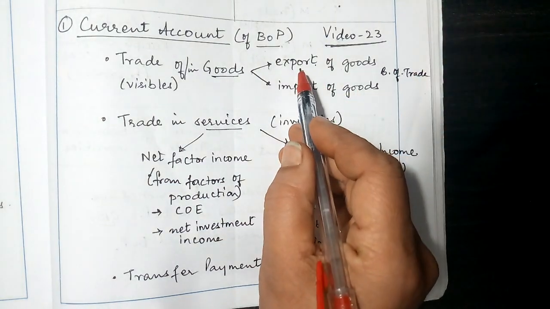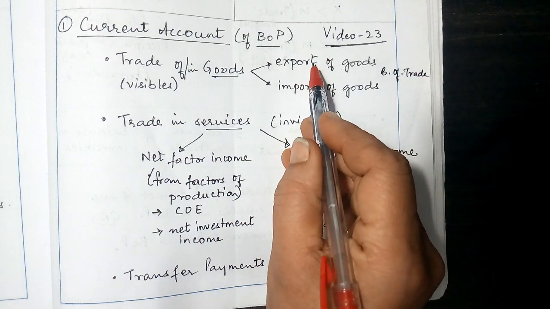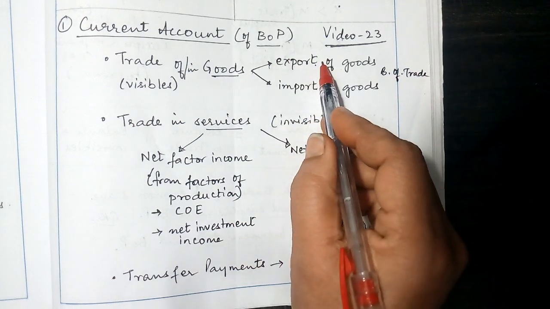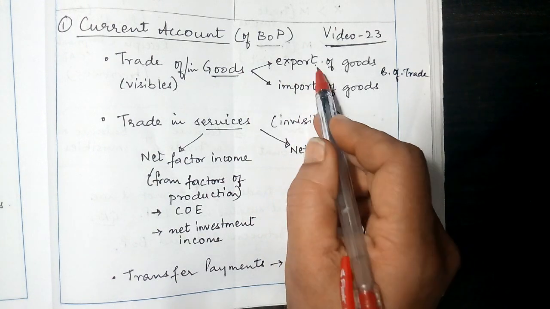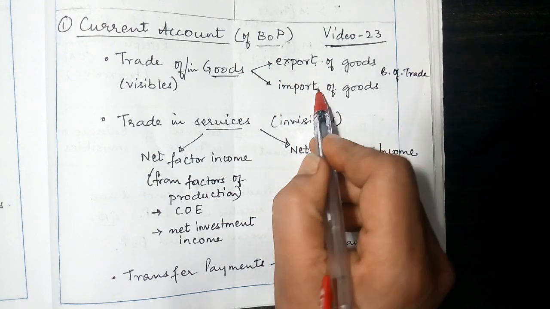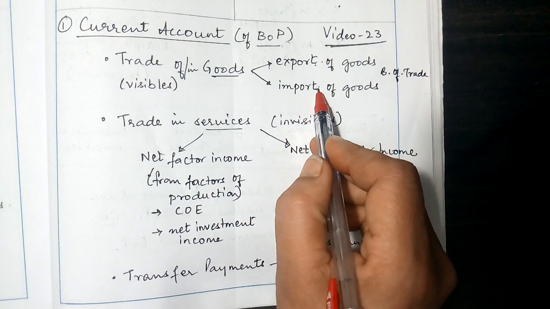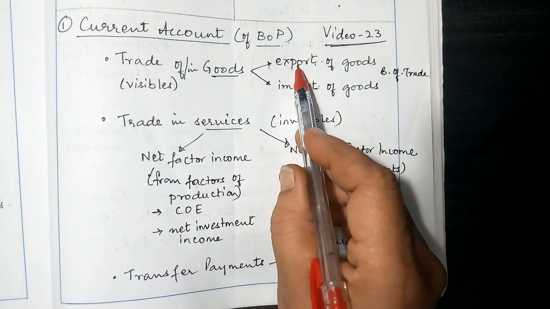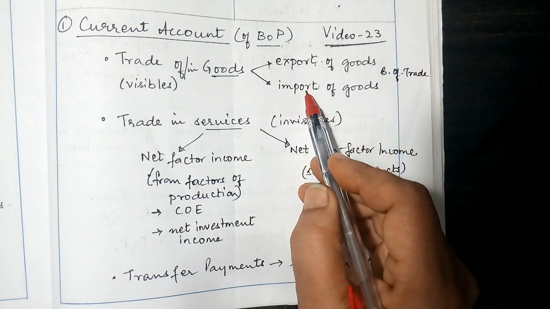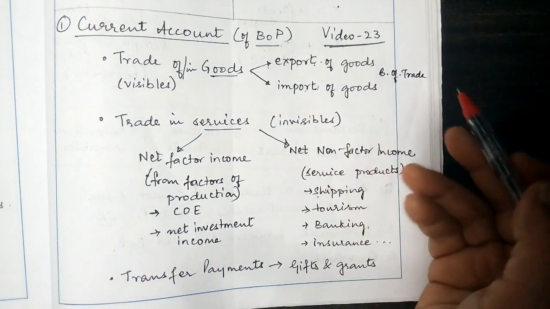When the export of goods is equal to the import of goods, the balance of trade is said to be in balance. Export is equal to import means that the balance of trade is balanced.